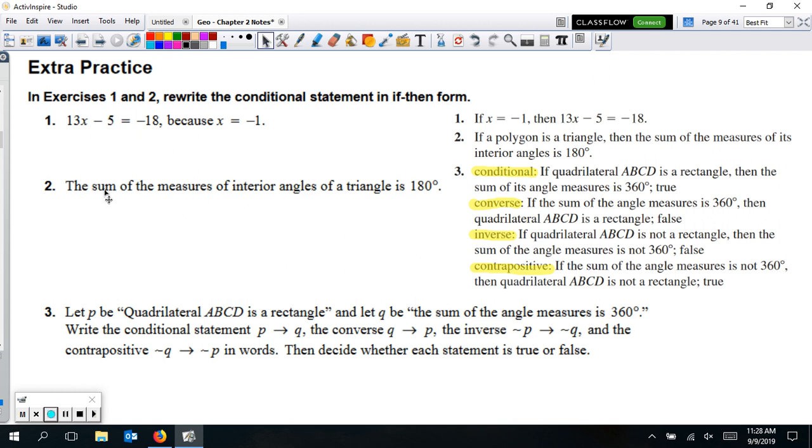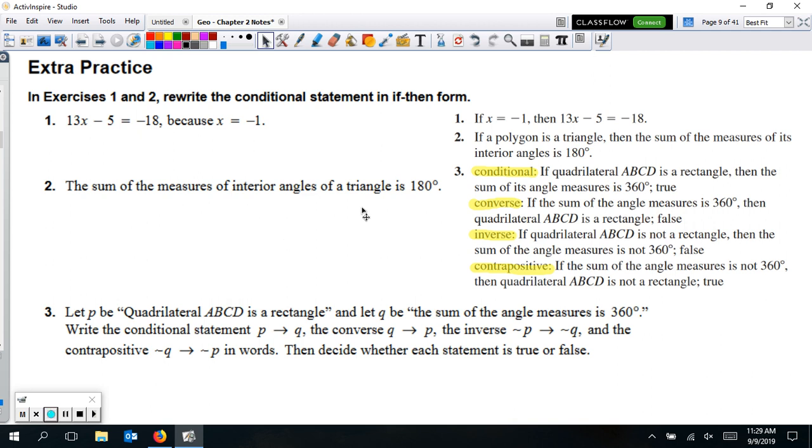In this one, the sum of the measures of interior angles of a triangle is 180 degrees. So here's what you could say. If a polygon is a triangle, because we have a triangle and a triangle is a polygon, then the sum of the measures of its interior angles is 180 degrees. So you're changing it into where you have a hypothesis and a conclusion.